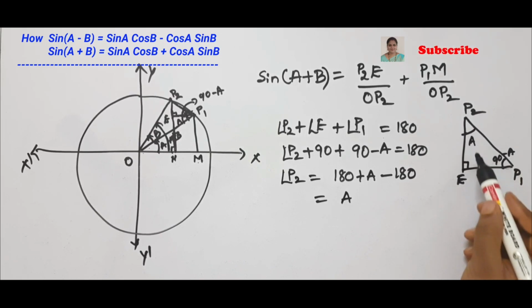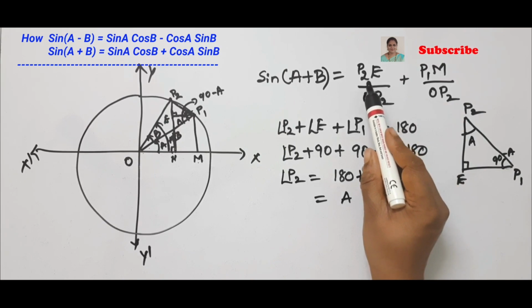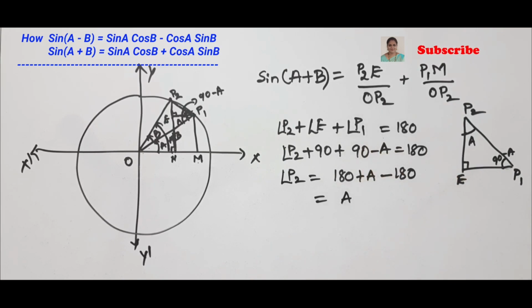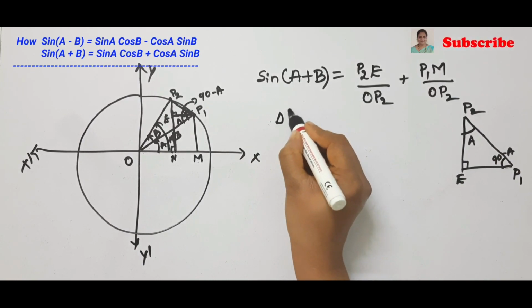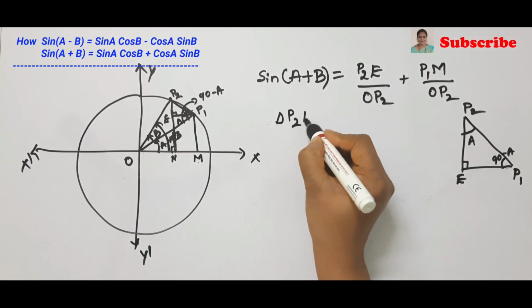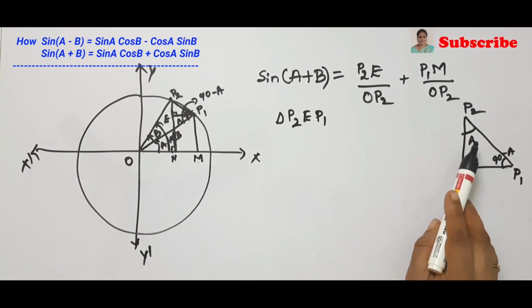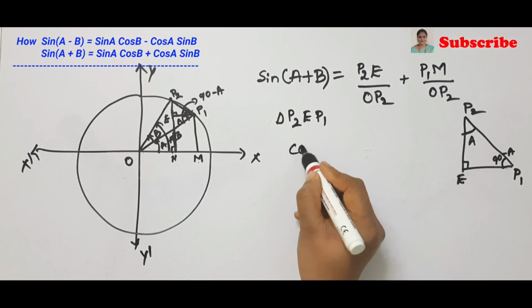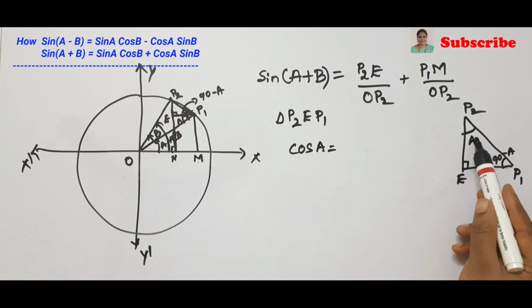We got three angles. Now using these angles, let us try to get the value of P2E by OP2. Using this triangle P2 E P1, let us calculate cos of this angle A. Okay, cos A is equal to adjacent side. The adjacent side to this angle is nothing but P2E, is it not?